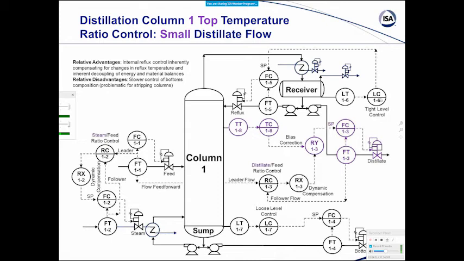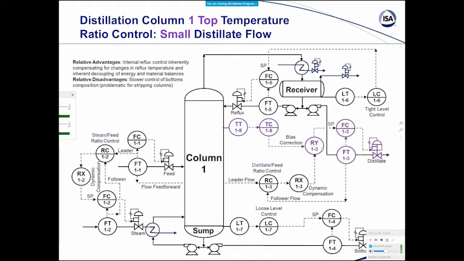And you want tight control for that, because what's going to happen here is the temperature controller is going to do its job by changing distillate flow now. And I've got feedforward. Feedforward is very important for distillation columns, because often the feed flow changes.